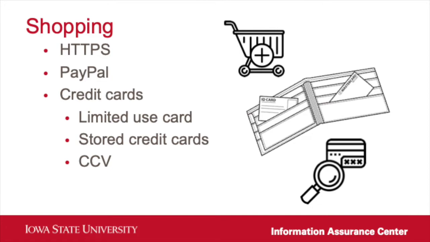Now, one of the things that you may see when you're doing this online shopping is it asks you for that little 3-digit code, the CCV code. That's there as another level of protection for your credit card purchase. That code should not be stored by the sites you're shopping with. Many times, if you do store your credit card and you go back to use it, it'll ask you for the CCV code again.